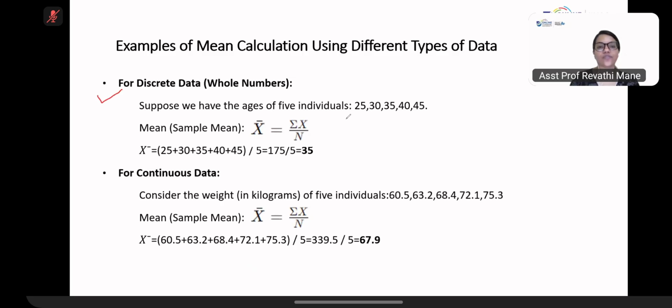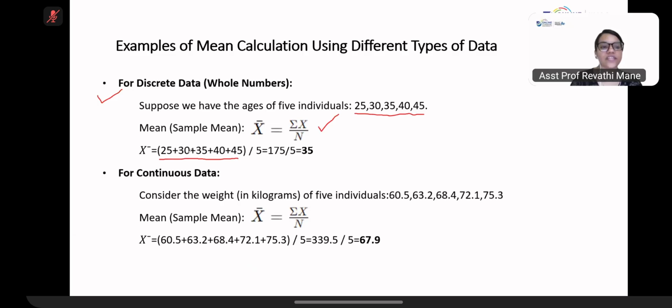We have ages of 5 individuals: 25, 30, 35, 40 and 45. Suppose you want to calculate mean. So how will you calculate the mean? This is the formula. X bar is equal to summation of x divided by n. Summation of x is add all the numbers.